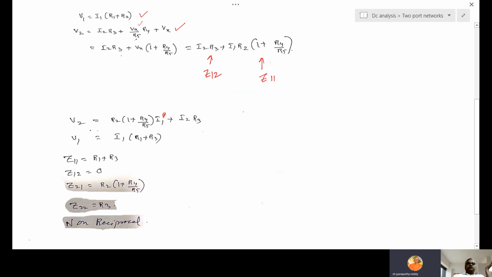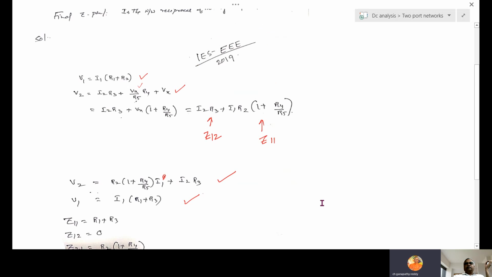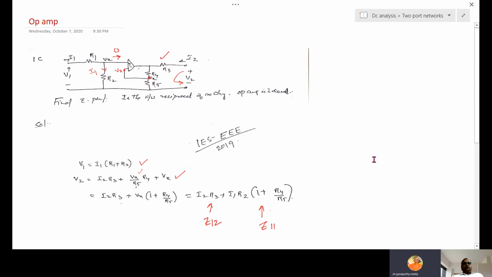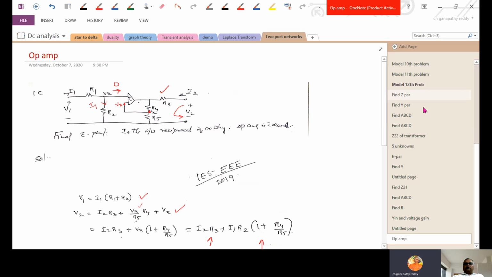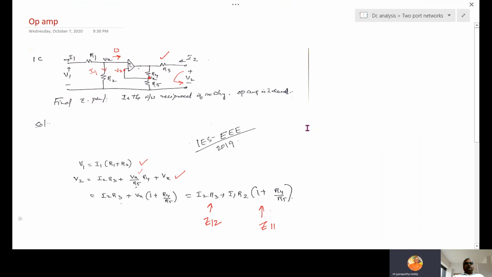So this is one equation. This is another equation. So Z11, Z12, Z21, Z22. Just compare, you'll get the answer. And here Z12, Z21 not equal, therefore non-reciprocal. So with this, almost all the problems are over.